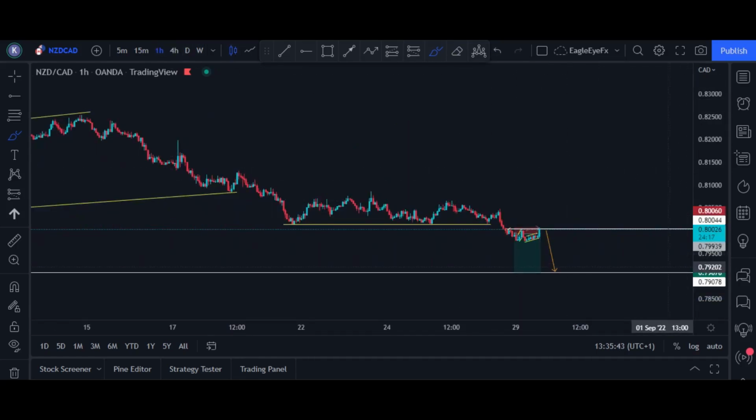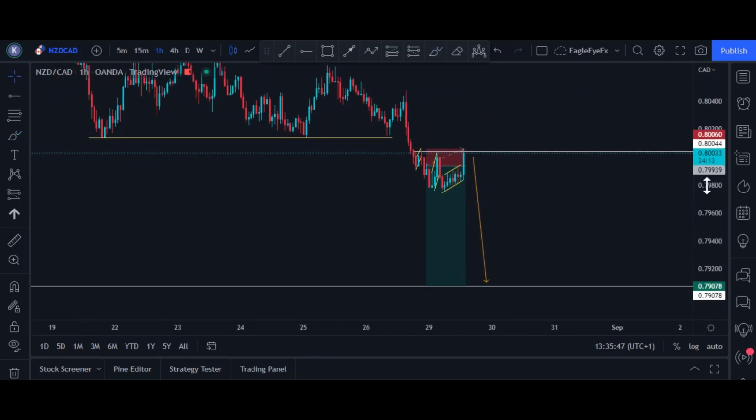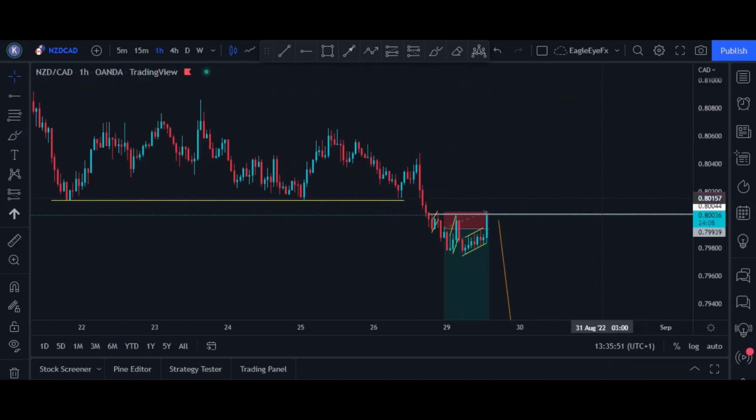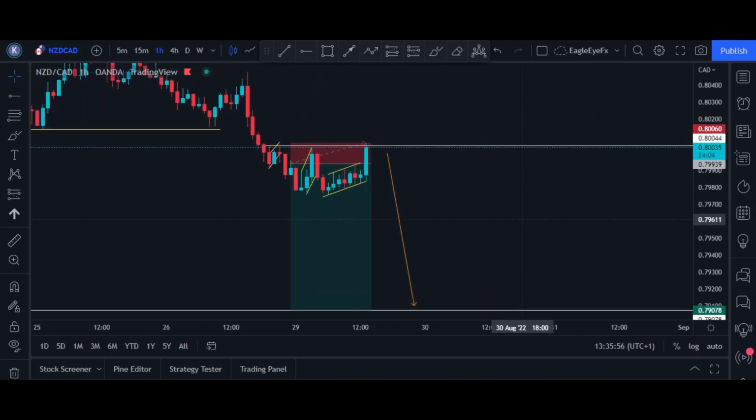But we could go further down to the 1-hour time frame, and you can see that after this bigger structure over here, we had a breakout. Look at that.